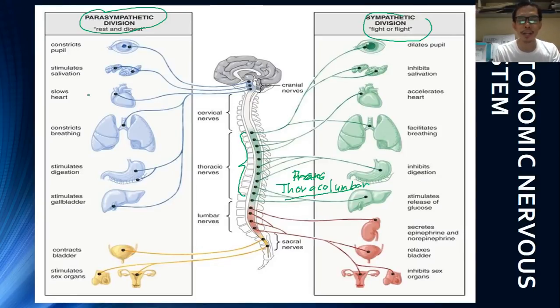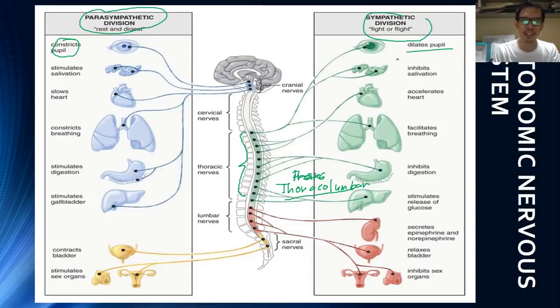Meanwhile, on the other hand, the parasympathetic division is also connected to the same part to which the sympathetic nerves are connected. But as you can see, this is the opposite of what is happening on the sympathetic division.